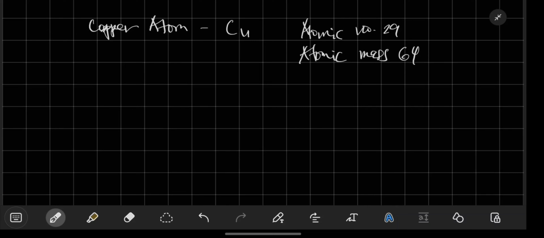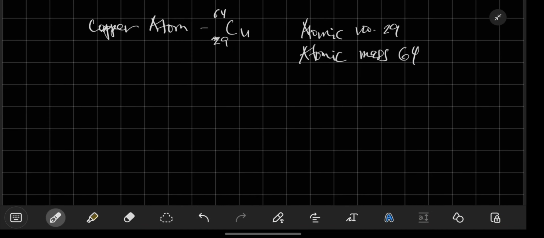So kung titingnan mo yan sa periodic table of elements, so makikita mo dun yung atomic mass and the atomic number. Okay? So dito ata nakalagay sa taas yung atomic mass and then yung atomic number is dito nakalagay. If I am not mistaken. Okay? So but ang pinakamahalaga lang naman dyan is yung atomic number sa pag-analyze ng free electrons. Okay?